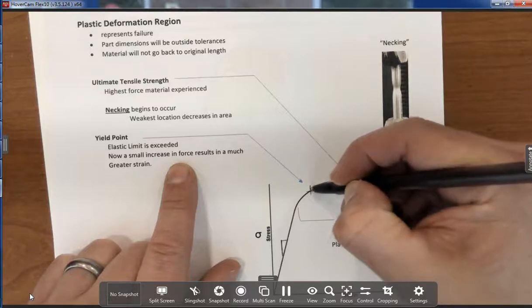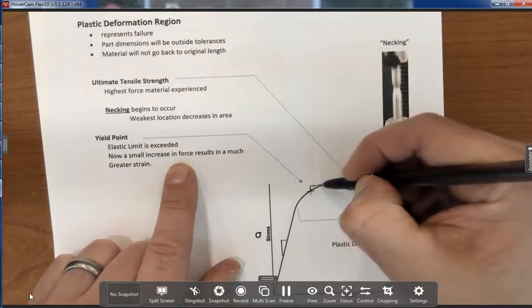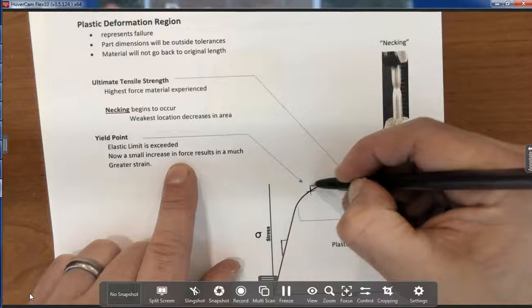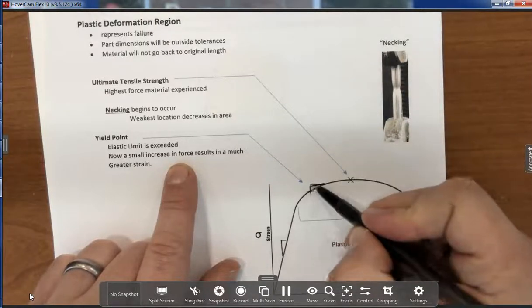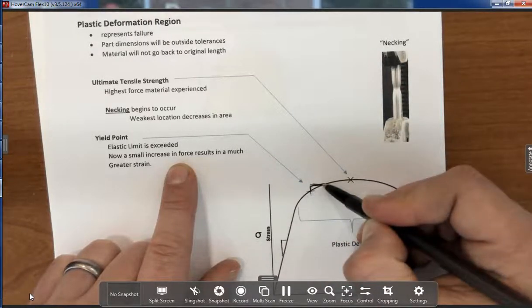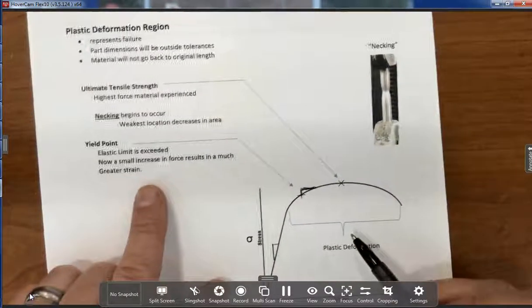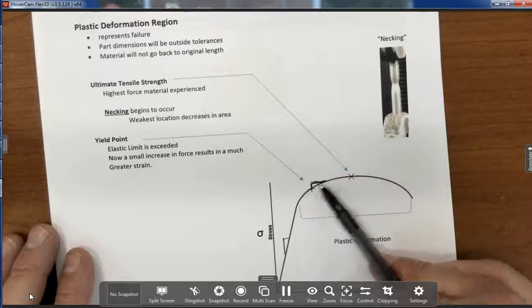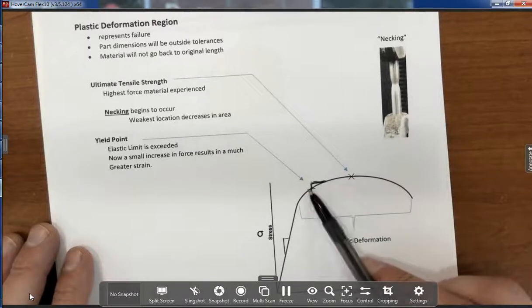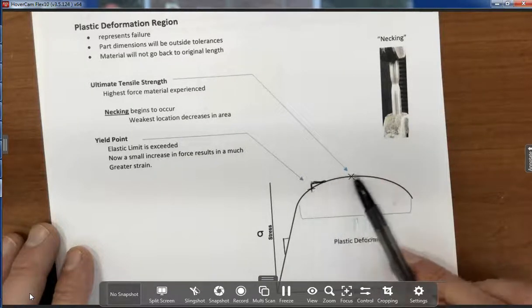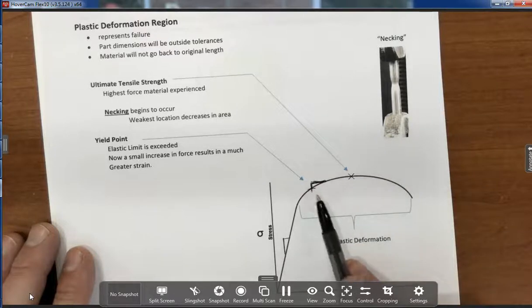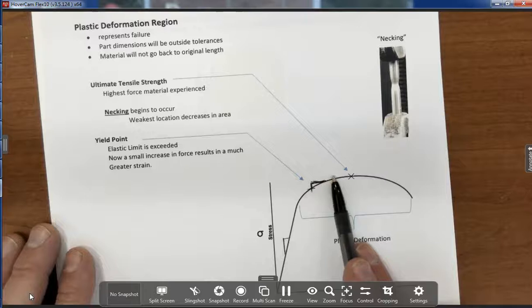A little bit of increase in stress to get to that next ordered pair creates quite a bit more strain. So you can see how the stair step is not as steep anymore. A little bit of increase in stress creates a lot more strain. So we are definitely into the failure mode. But even though a little bit of stress creates more strain, we can continue to load it more.